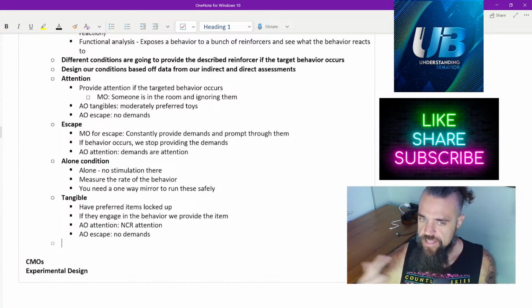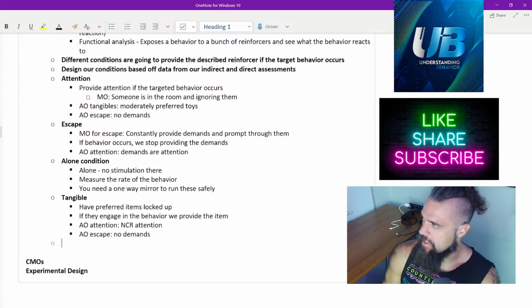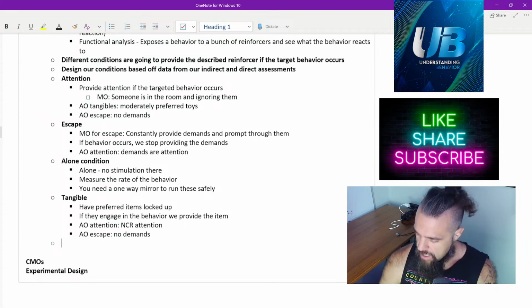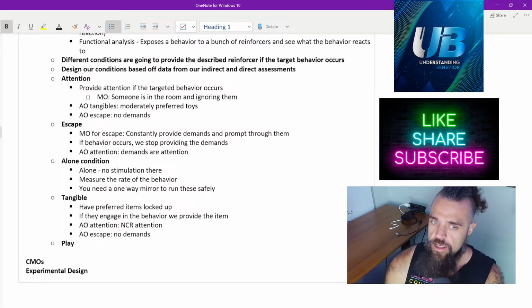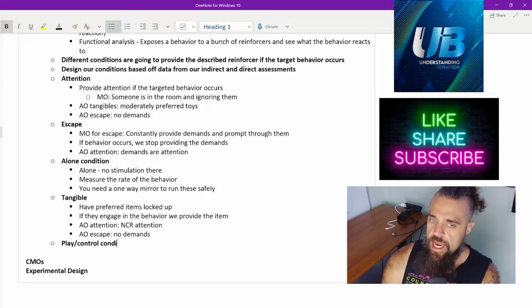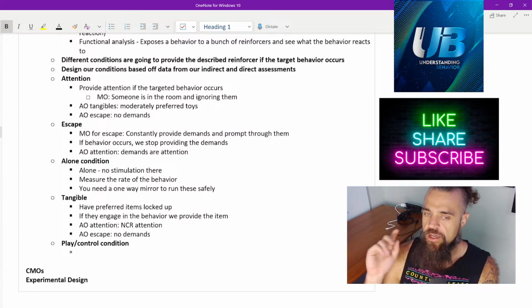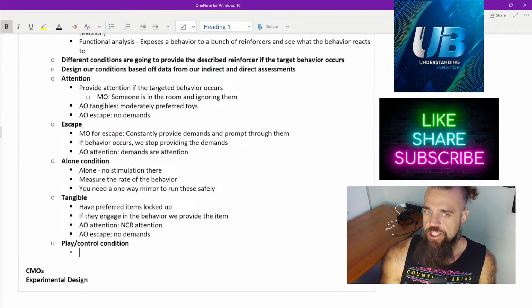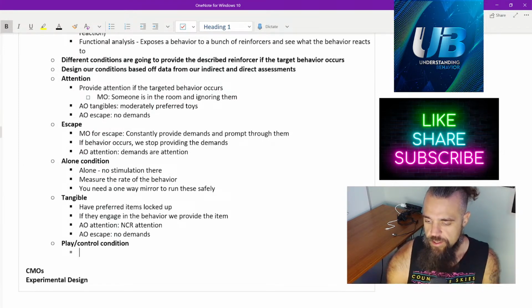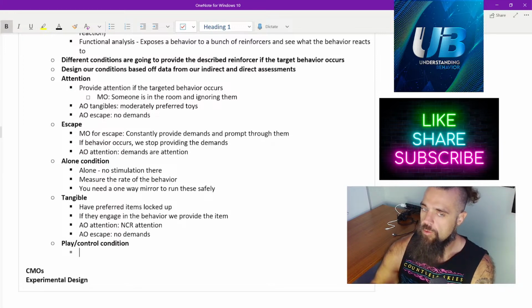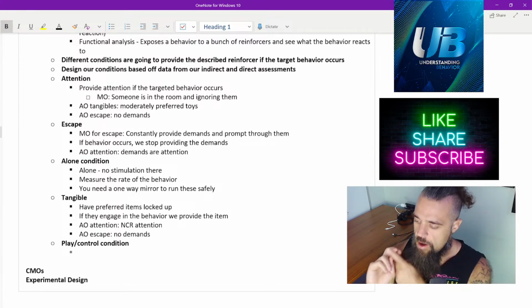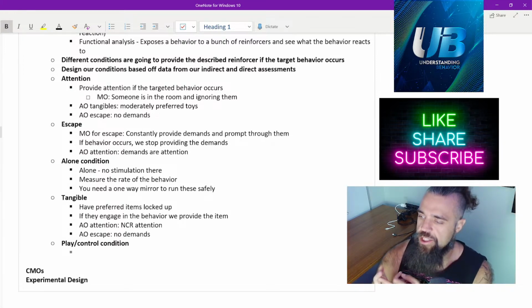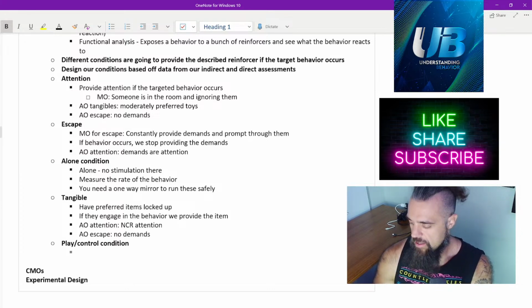The reason I'm talking about these MOs and AOs for each of these is because our play condition is our control condition. What the control condition does is provide an abolishing operation for all of our social functions. So we provide them all the tangibles, all the attention, zero demands.